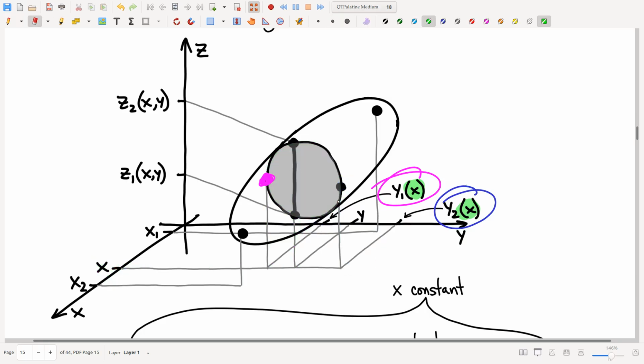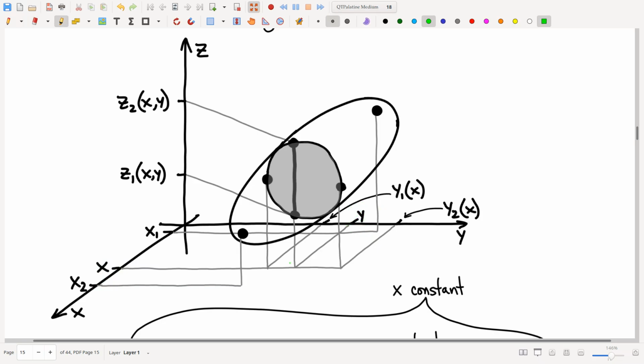Okay, now per our procedure, in addition to x, we're now also going to fix y. We're going to fix a specific y slice of our existing specific x slice. Let me write that a little bit differently.